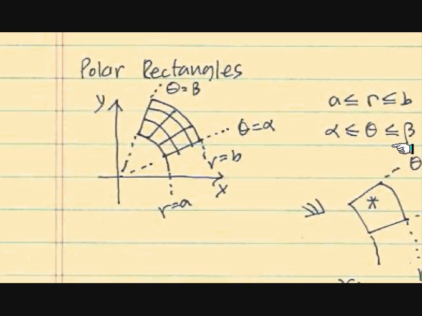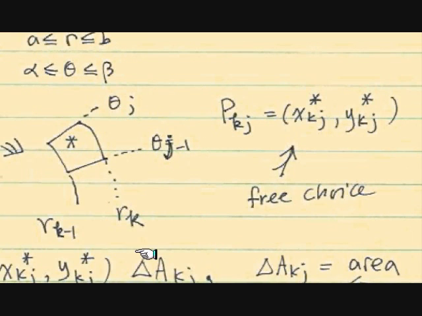So if you divide the thetas and r's into n and m, possibly irregular partitions, then it's going to create these little tiny pieces. Once you have these tiny pieces, if you look at the kth interval along the r part, the radius, and the jth interval of the theta part, you have this set.